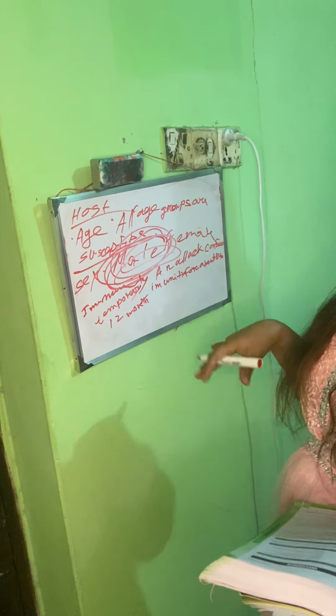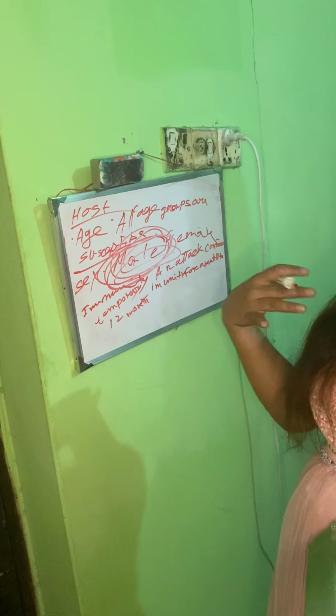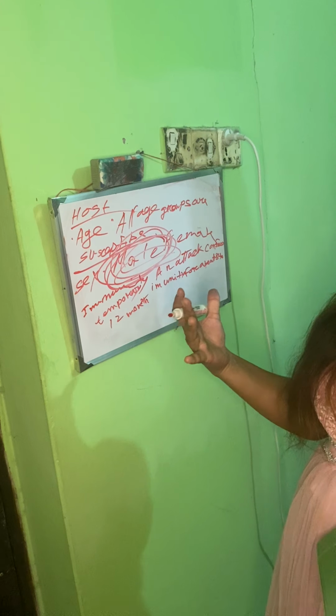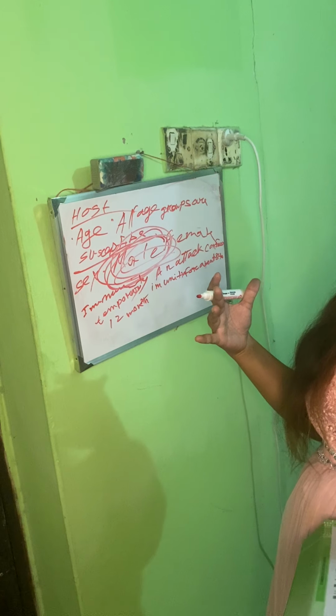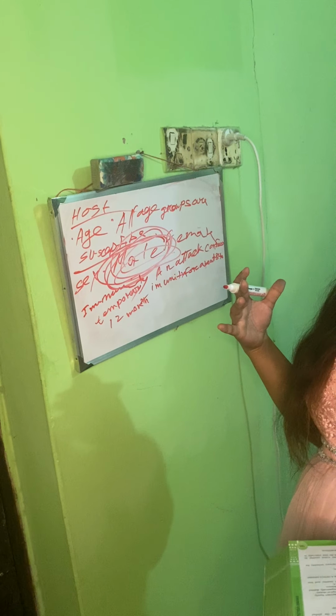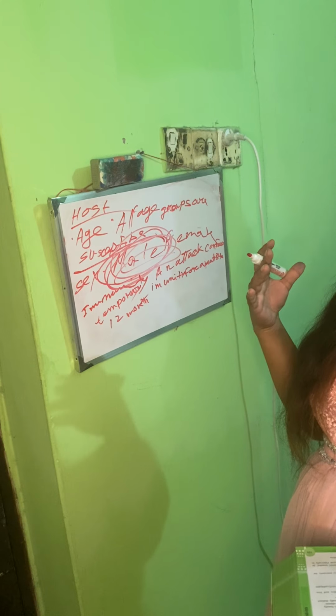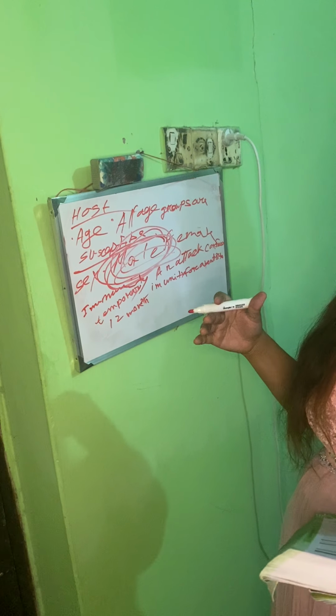So immunity after an attack is temporary, about 8 to 12 months.